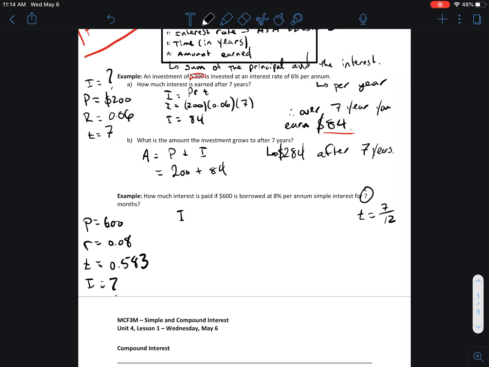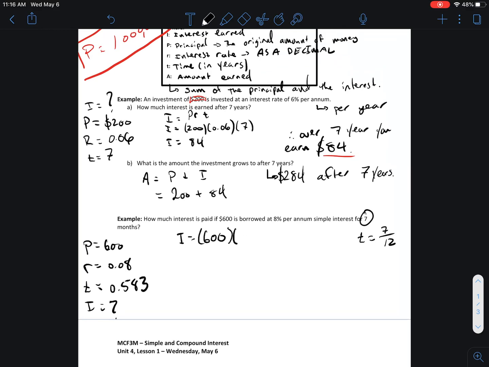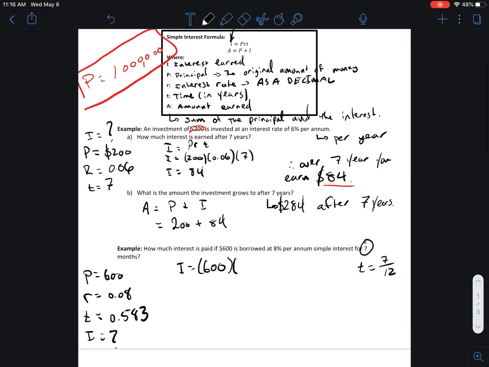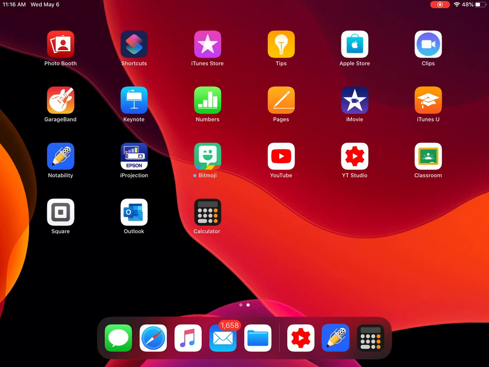Then you go over this question again. How much interest are you going to pay to borrow this money? That's what the question is. We can use the same thing. I is equal to 600, the principal, multiplied by the rate, which is 0.08, multiplied by 0.583.